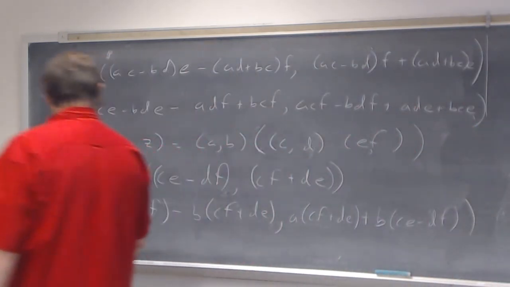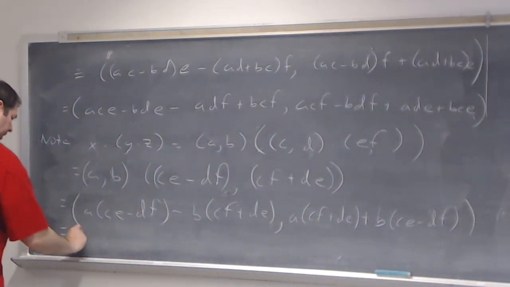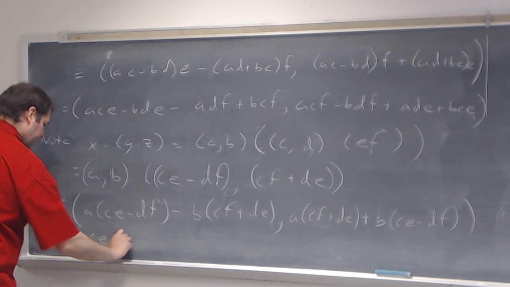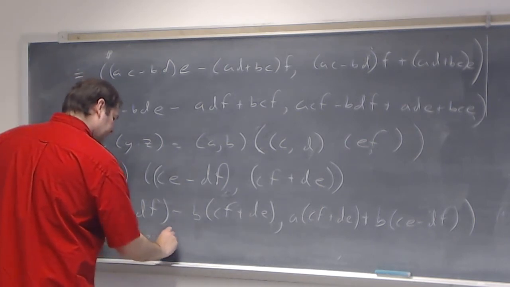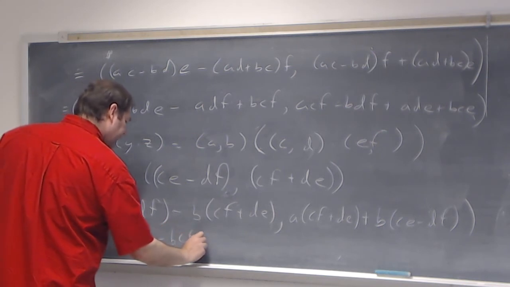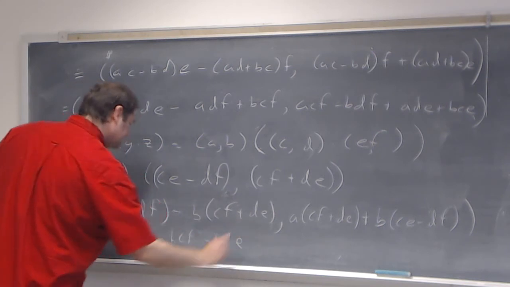And if we multiply this out, that's ace minus adf, where I'm distributing, minus bcf minus bde.